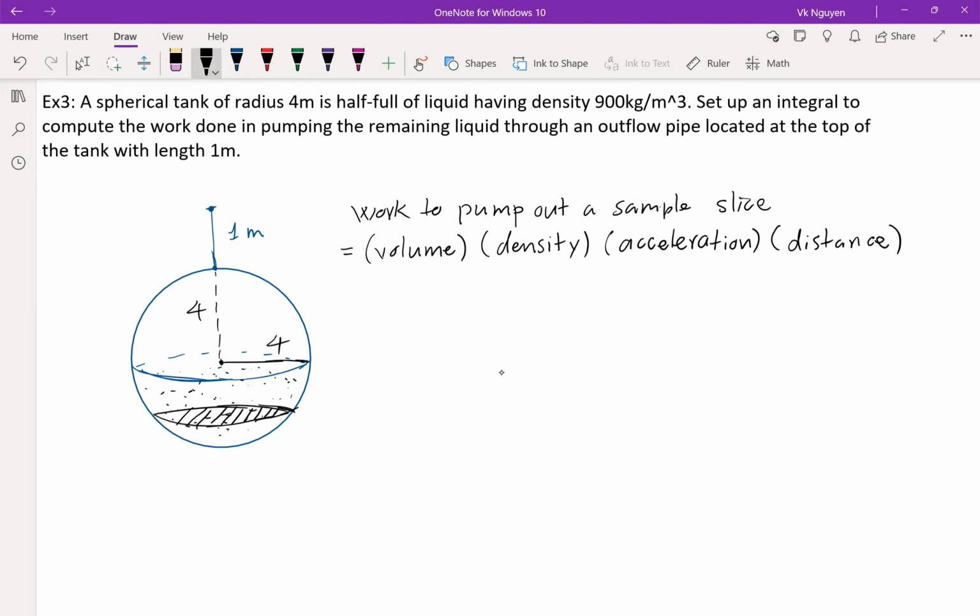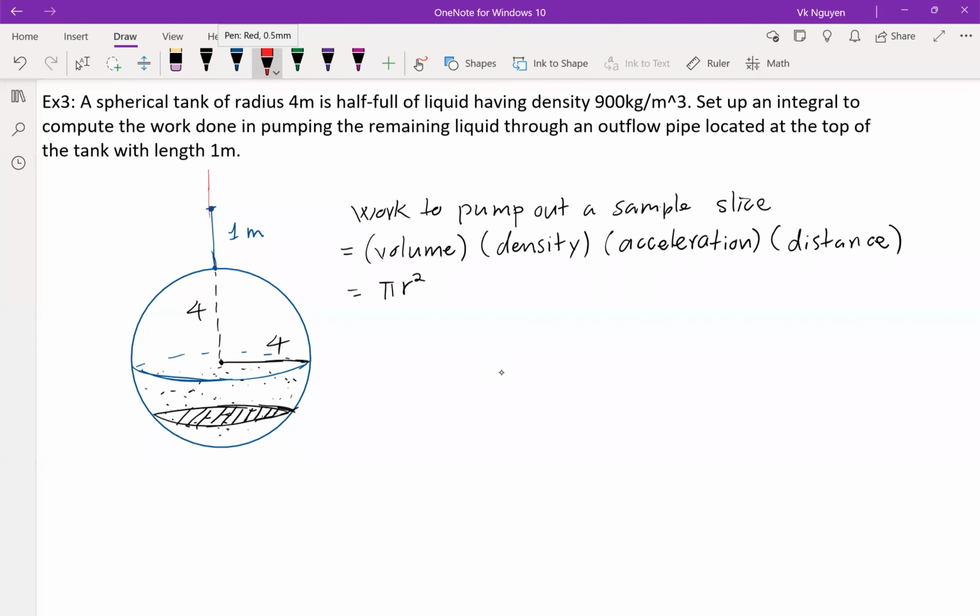So the base area is pi r squared. Thickness here is, well, we can put the y-axis like this.